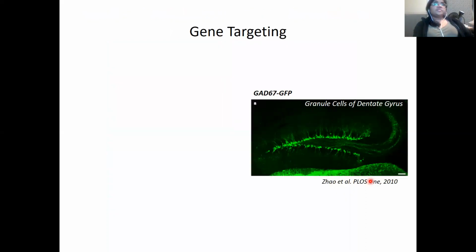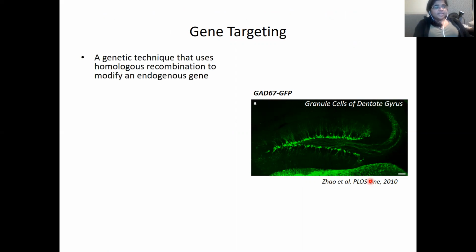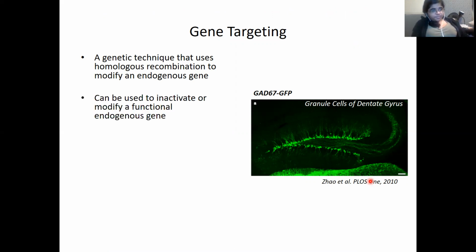Gene targeting. Gene targeting is a technique that uses homologous recombination to modify an endogenous gene. It is used to inactivate or modify a functional endogenous gene and allows us to study gene function and expression itself.